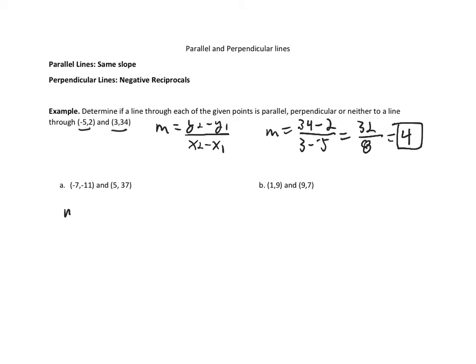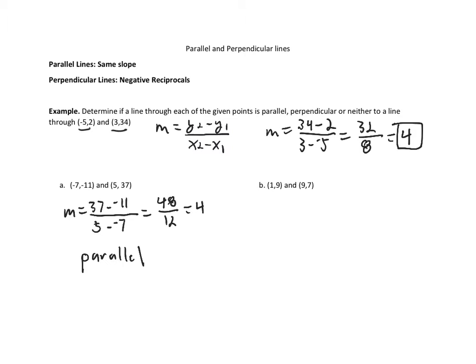In A, if I compute this slope, 37 minus negative 11 over 5 minus negative 7 is 48 over 12, which equals 4. So this line would be parallel.